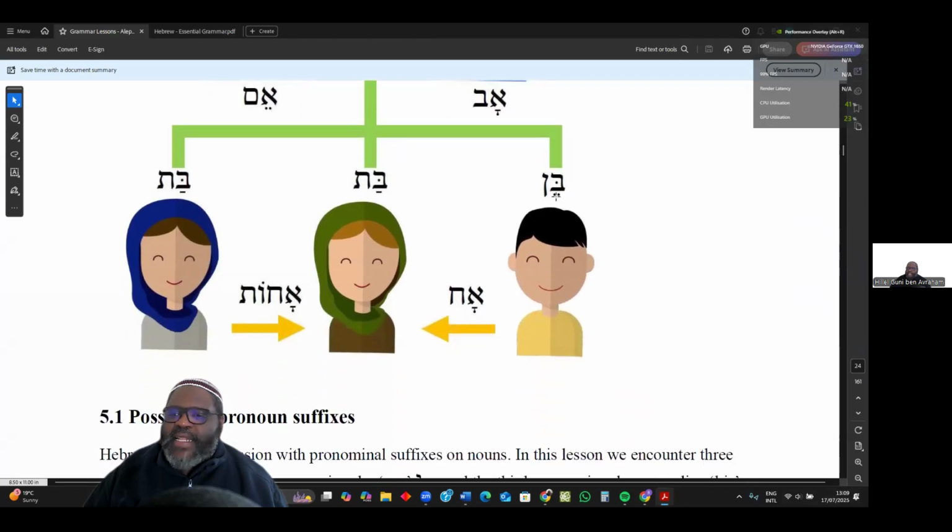And then we have Ben. Ben is a generic term because the son comes from the father and the mother. So we have Ben, which means son. We have Bat, which means daughter. Mashiach ben Yosef is the son of Joseph.